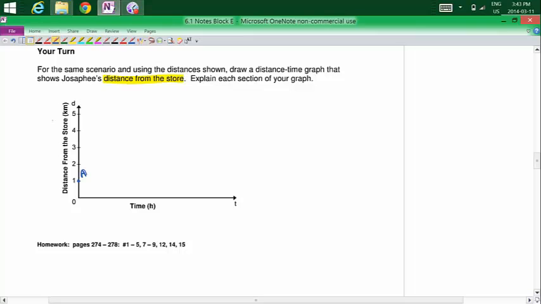So we want to go from the 1 kilometer that she's away from the store to 0 kilometers, being at the store. And so we draw a line which shows constant change down to the x-axis. We'll call this B. And so for AB, she walks to the store.